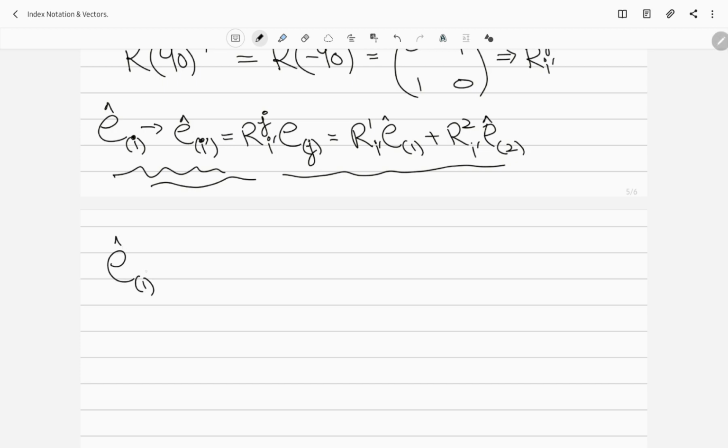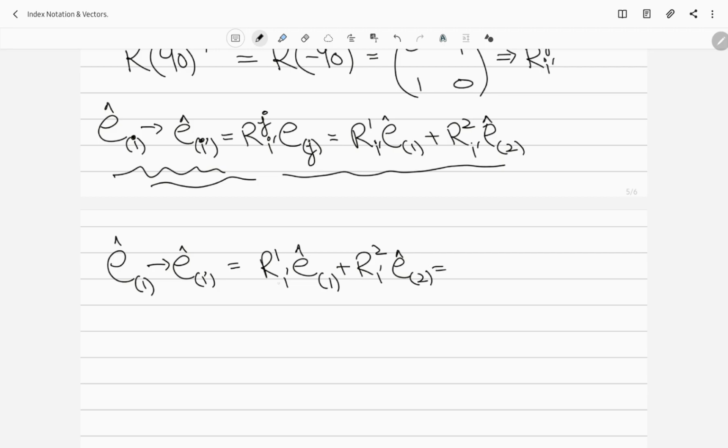E1 hat transforms as E1 prime hat, right? And we can write this down as R1 1 prime E hat 1 plus R 2 1 prime E hat 2, right?